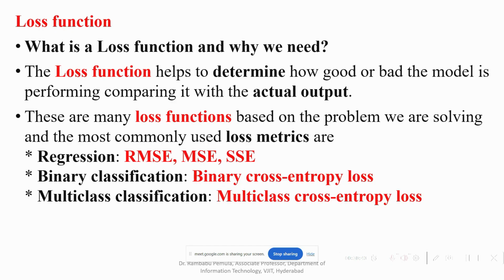In the loss function, there are different types. One is root mean square error, and for a regression problem we use mean square error, root mean square error, or sum of squared error. For binary classification we use the binary cross entropy loss function, and for multi-class classification we use the multi-class cross entropy loss.